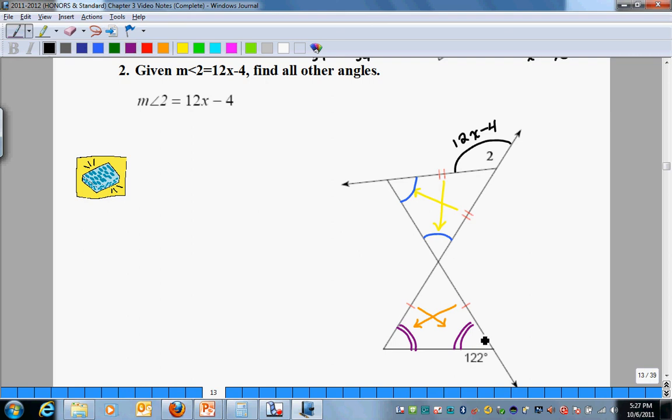So let's mark with what we can mark with. In this case, if this is 122, this adds up to 180. I get 58 degrees. That's 58. That's 58. Again, adds up to 180. 58 and 58 equals 116. So I minus 116 away from 180.